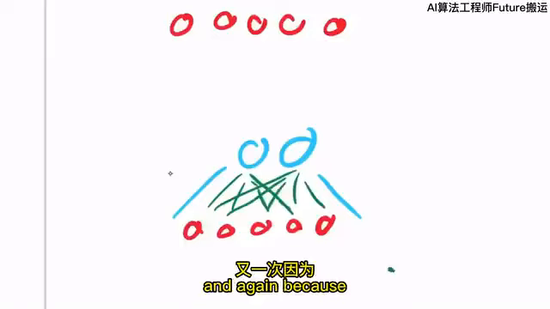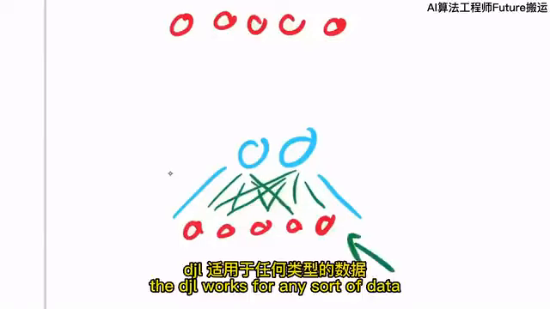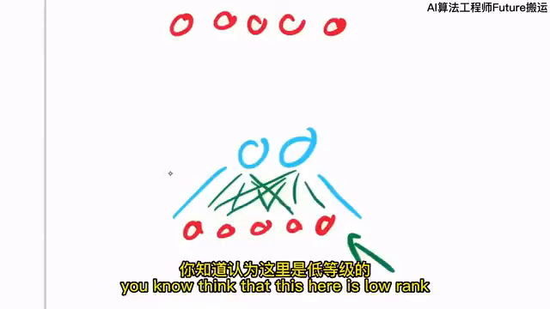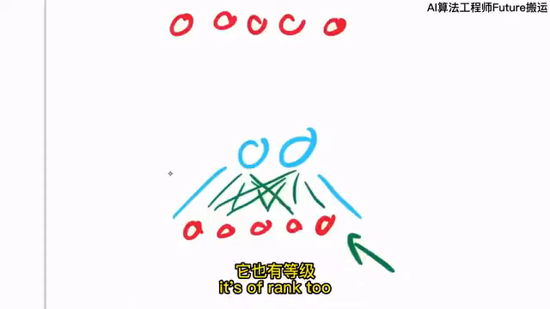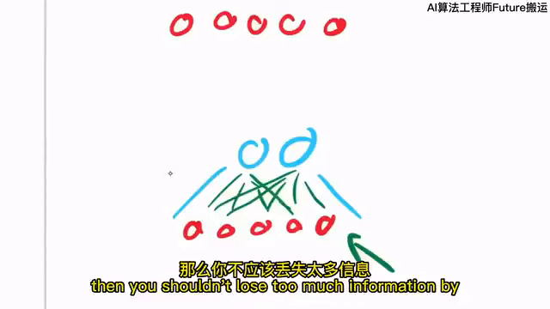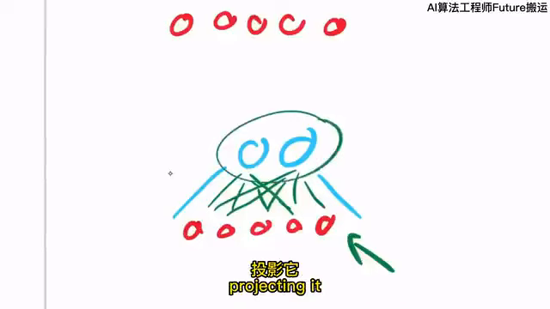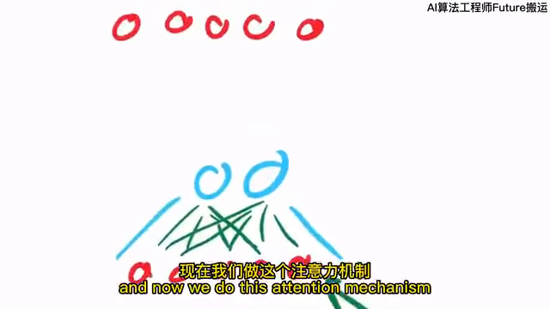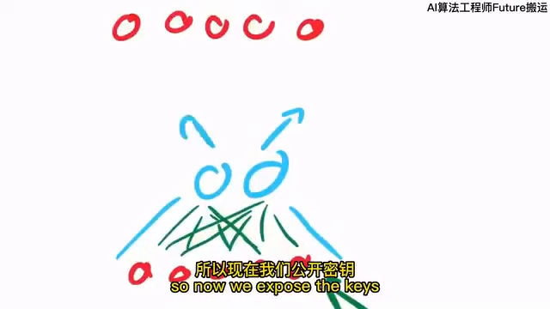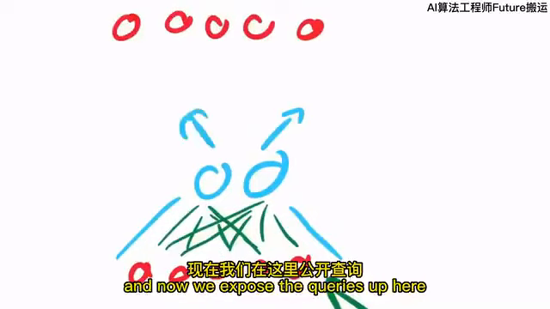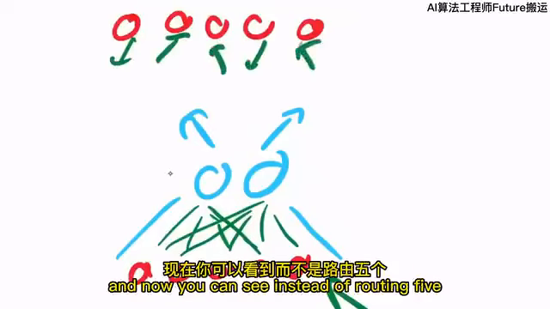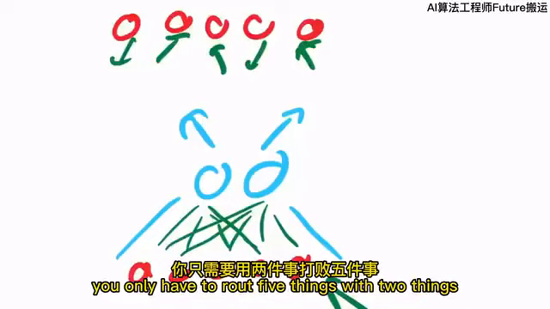And again, the JL works for any sort of data, but in my argumentation, if you think that this here is low rank, it's of rank 2, then you shouldn't lose too much information by projecting it to a sequence length 2. And now we do this attention mechanism. So now we expose the keys, and now we expose the queries up here. And now you can see, instead of routing 5 things with 5 things, you only have to route 5 things with 2 things.